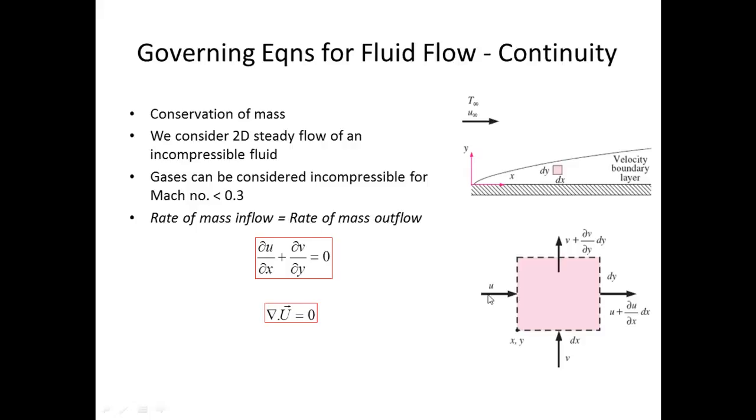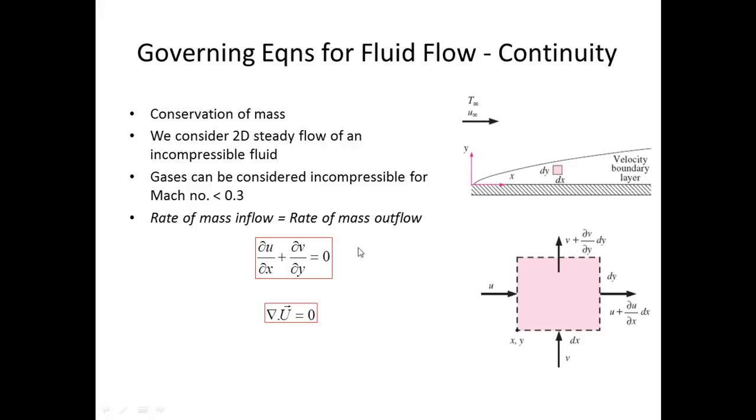So if you look at this carefully, we can see that the net flow in the x direction will be the difference between the incoming and the outgoing flow. So that will be given by ∂u/∂x dx into dy, because dy represents the area. There is a corresponding component in the y direction also.